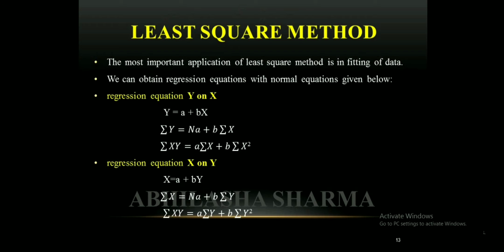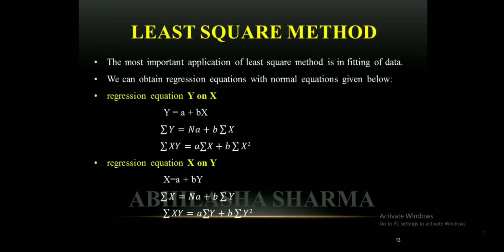Least square method is a procedure to find the best fitting of data by minimizing the sum of residuals of points. Least square regression is used to predict the behavior of dependent variables. We can obtain the regression equation with normal equations with the help of given formulas.